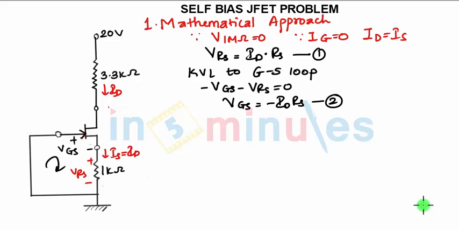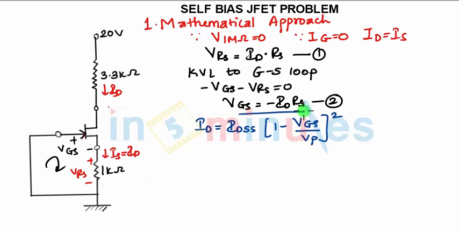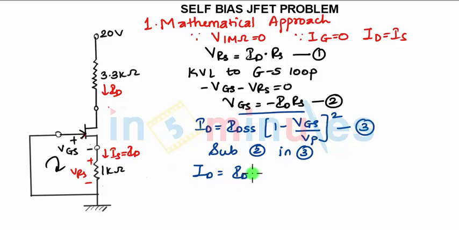Now from Shockley's equation, we can write ID equals IDSS times 1 minus VGS by VP the whole square. This is equation 3. What will we do? Substitute equation 2 in 3. We will have ID equals IDSS times 1 plus ID into RS divided by VP the whole square.